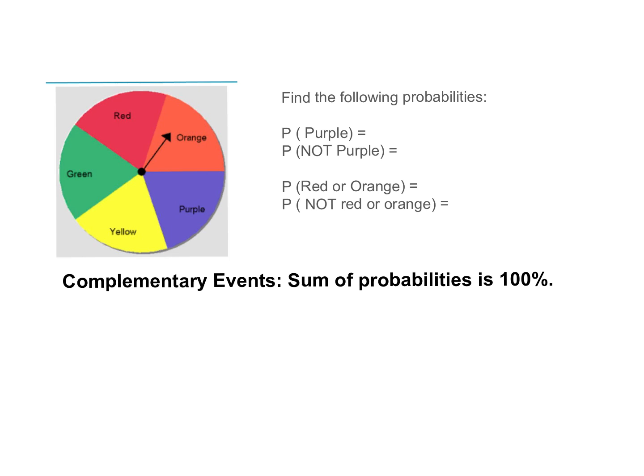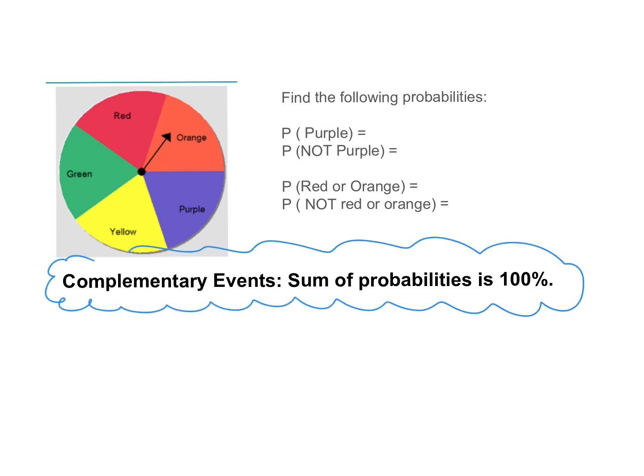Another word that I want you to understand and make sure you have is complementary events. Complementary events is when you have 2 simple events and the sum of probabilities is 100%. Let's look at this and then we'll talk about that in a minute. If we look at this spinner, first I'm going to count how many spots there are in the spinner.